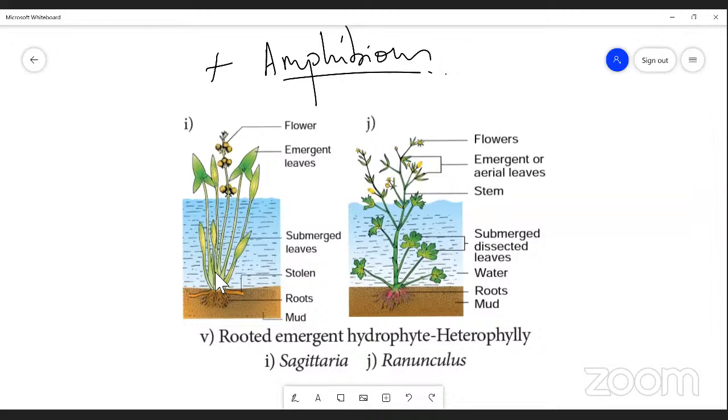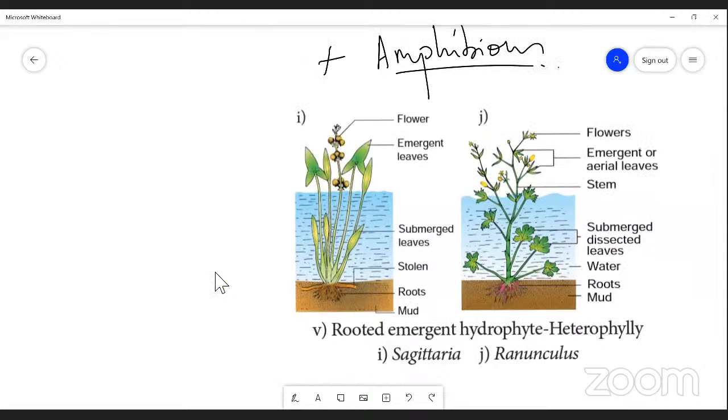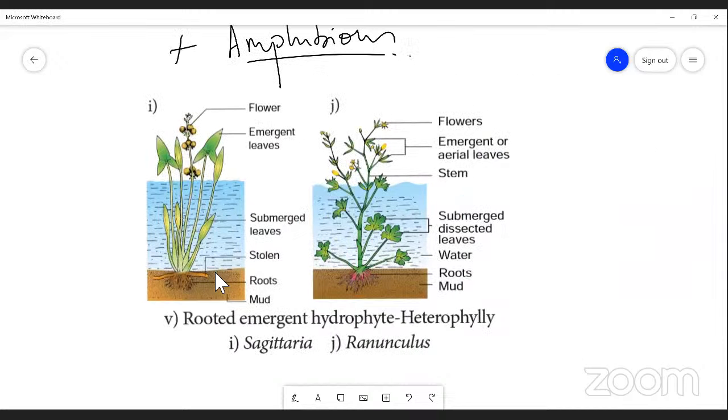Just outside the water body, you find the leaves and the flowers also. This is an example of the amphibious category. That means it shows both characteristic features, emergent characters and submerged characters.